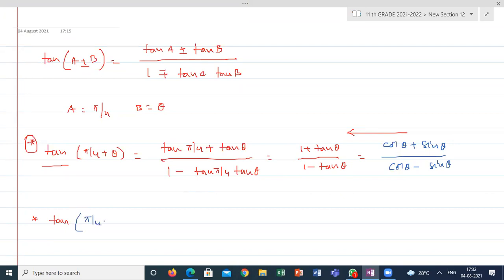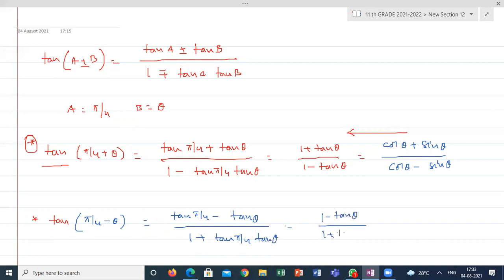If I am writing tan of pi by 4 minus theta, same: tan pi by 4 minus tan theta divided by 1 plus tan pi by 4 tan theta. This will be 1 minus tan theta by 1 plus tan theta. This is nothing but cos theta minus sine theta divided by cos theta plus sine theta. From here we can say that tan of pi by 4 plus theta is the reciprocal of tan of pi by 4 minus theta.